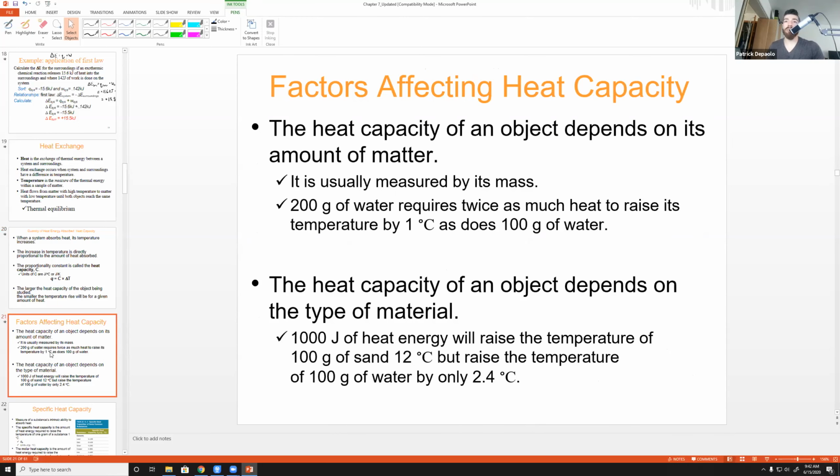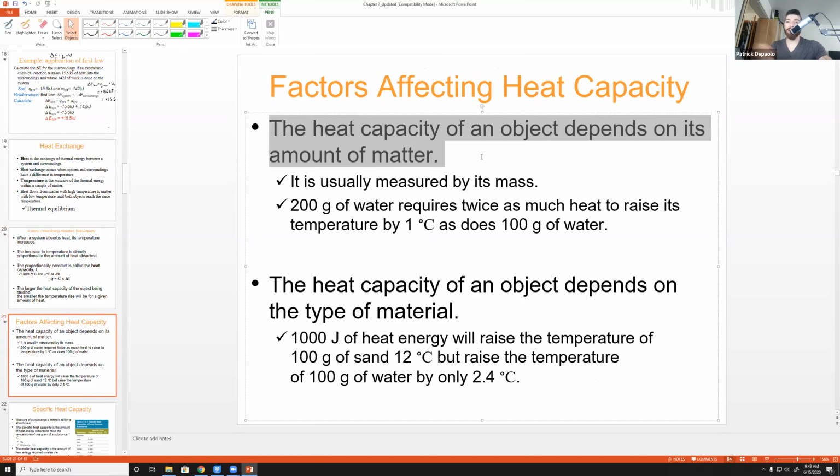Factors affecting heat capacity. It depends on the amount, obviously. Usually we talk about per gram or per 100 grams, but if you have a large ocean of water, it's going to take more energy for it to change. But more importantly, the constant doesn't depend on the amount of matter, but the heat capacity of an object in general does.